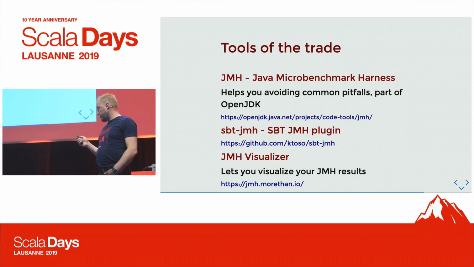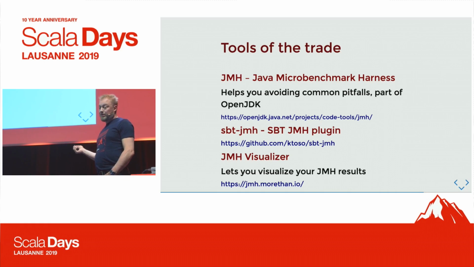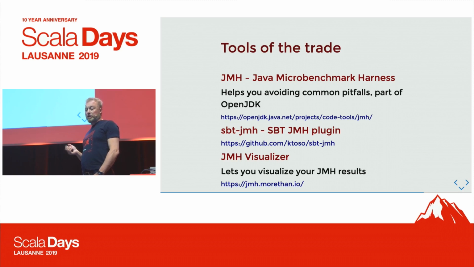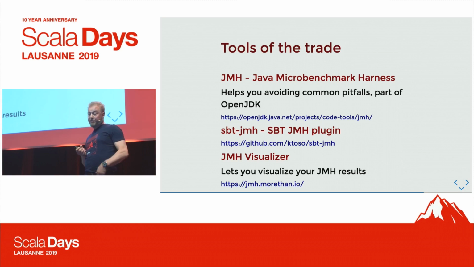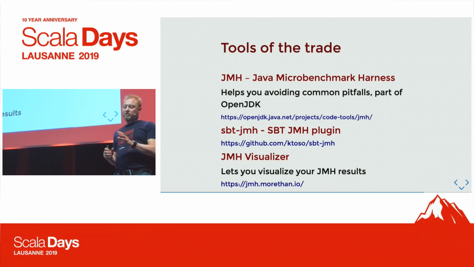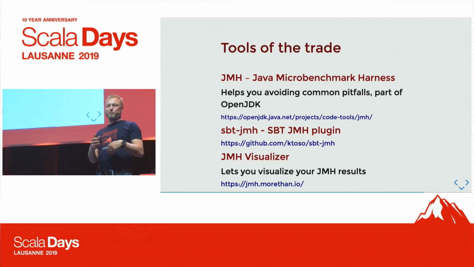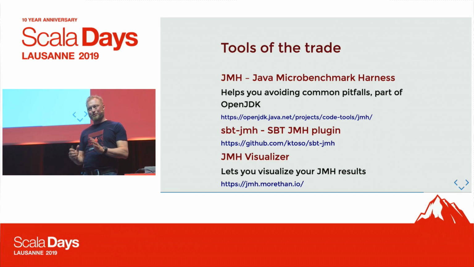And when you benchmark in Scala, or Java for that matter, but especially Scala, there's a nice tool called JMH, the Java Micro Benchmark Harness. It's from OpenJDK, and it helps you avoid many common pitfalls in benchmarking. It's very easy to think you write a micro benchmark, and it might be all optimized away if it's too trivial.